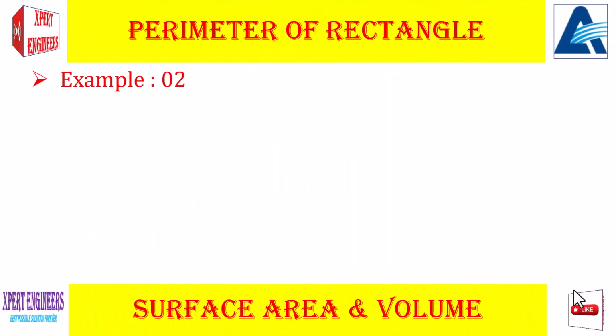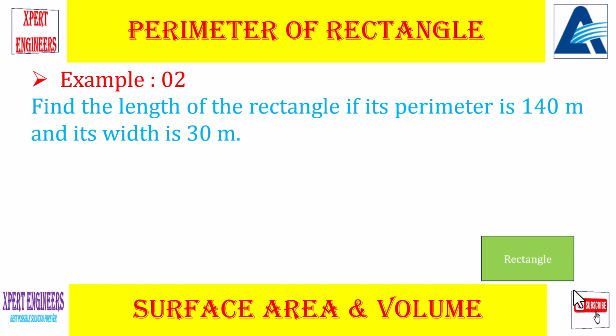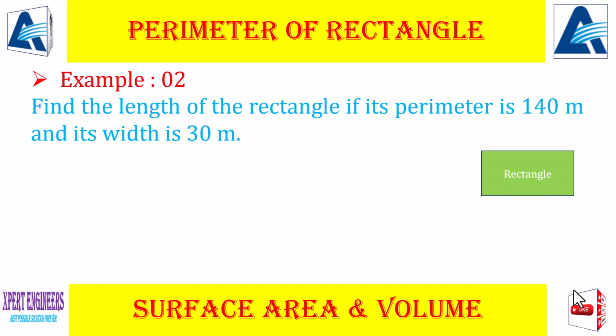Now let's solve another example in which we have changed the scenario a little bit. Find the length of rectangle if its perimeter is 140 meters and its width is 30 meters. Now let's assume that we have this rectangle and as per given data, the width of the rectangle is 30 meters and we have to find the length of the rectangle.